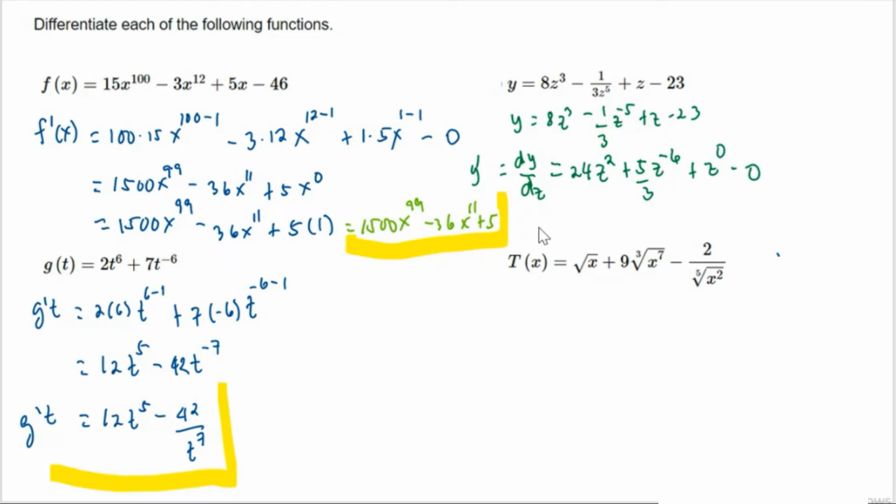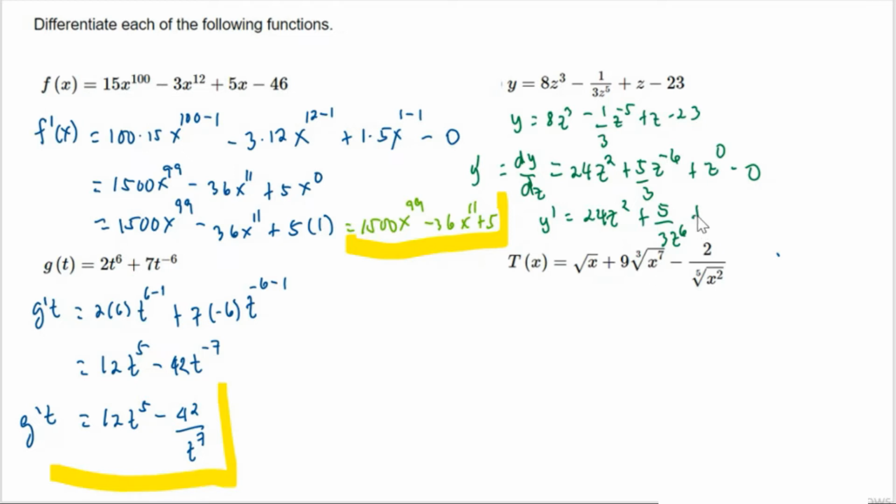Now, simplifying this further, we can write now y prime is equal to 24z squared plus, to avoid writing negative exponents, I can write z now in the denominator, but we are going to change the sign. So we have now 5 over 3z to the power of 6, and we know that z raised to 0 is equal to 1, because what I have said earlier in the first example, any number raised to 0 is equal to 1.